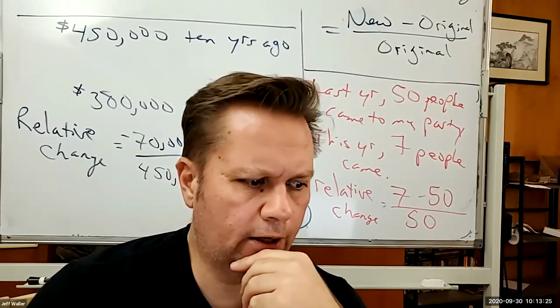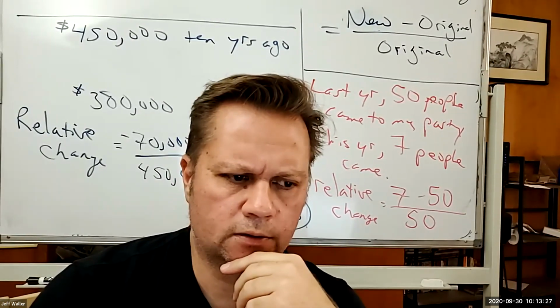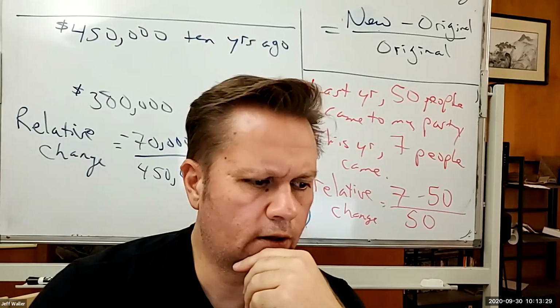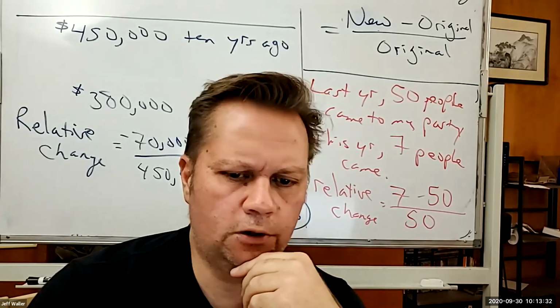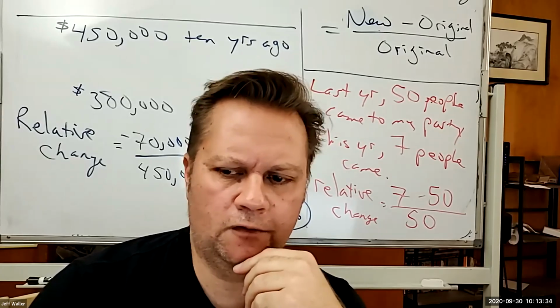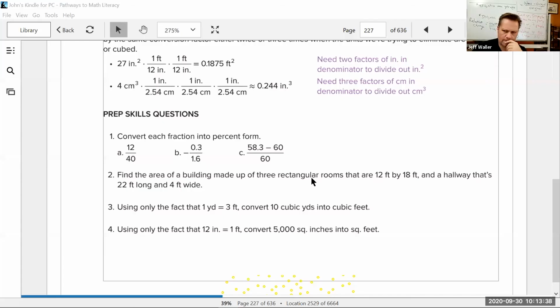That's the one about the area of the building, right? Yes. If you just make it into pure shapes, you have 3 rectangles and they're all 12 by 18. You can figure out the area of one and then you have 3 of them. And then you have another rectangle that's 22 by 4.